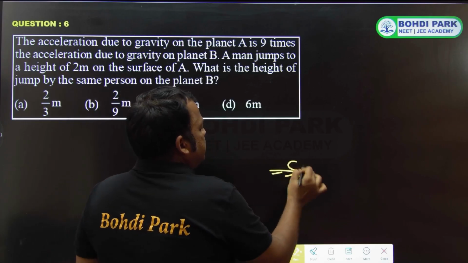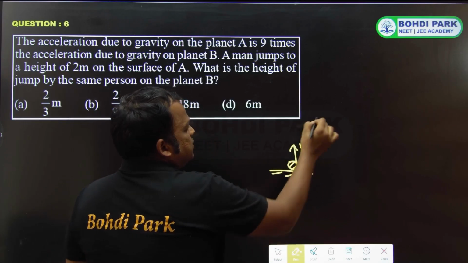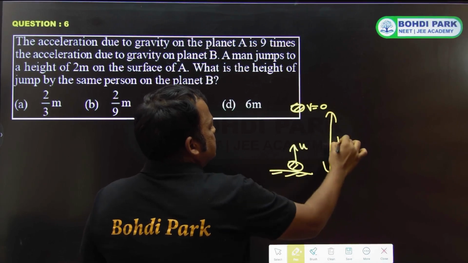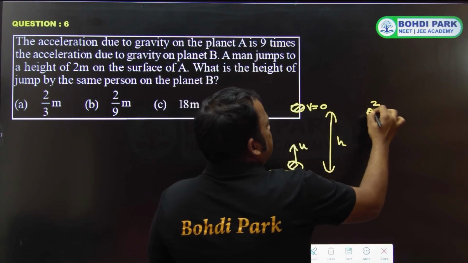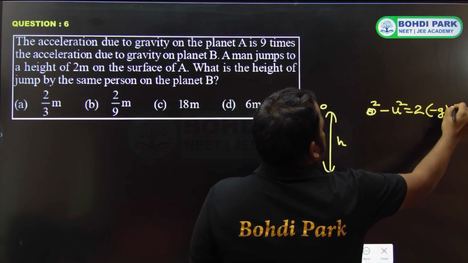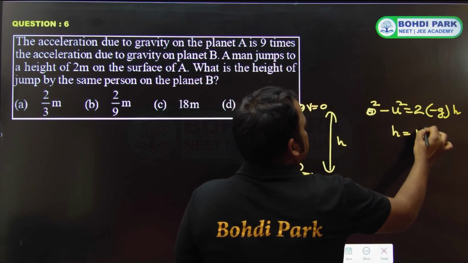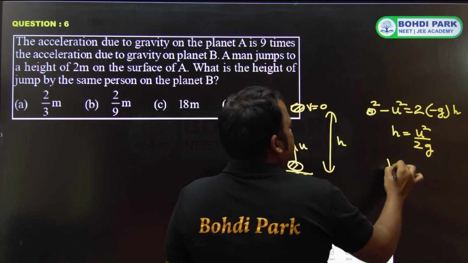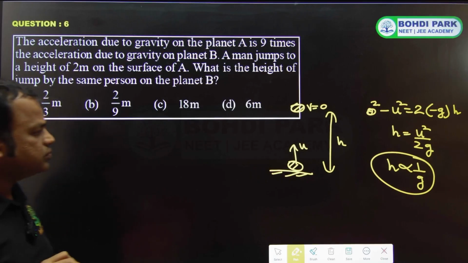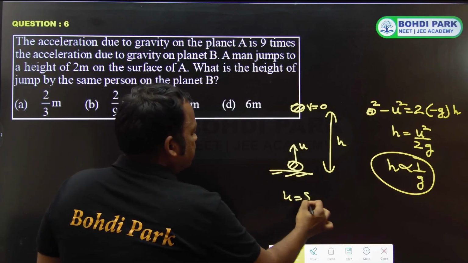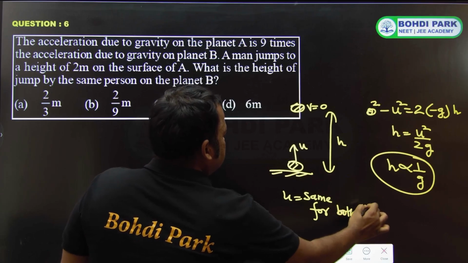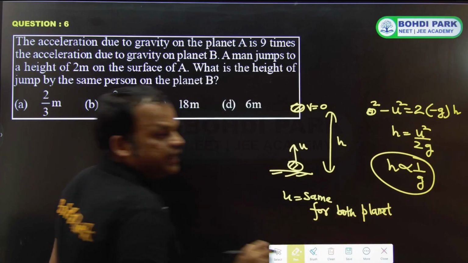So suppose the speed is u. At the topmost point velocity is 0. So height covered is h. So we can say 0 square minus u square is equal to 2 into minus g into h. So h is equal to u square by 2g. So h is inversely proportional to g. u will be same for both planets.